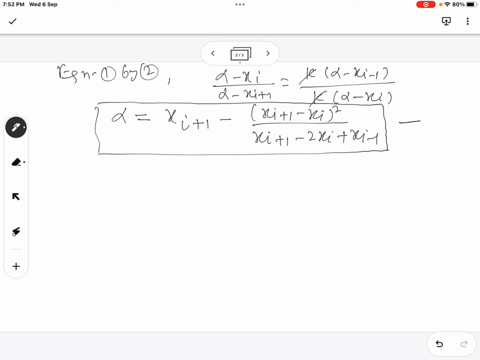Now this formula can also be written in a more compact and useful form.